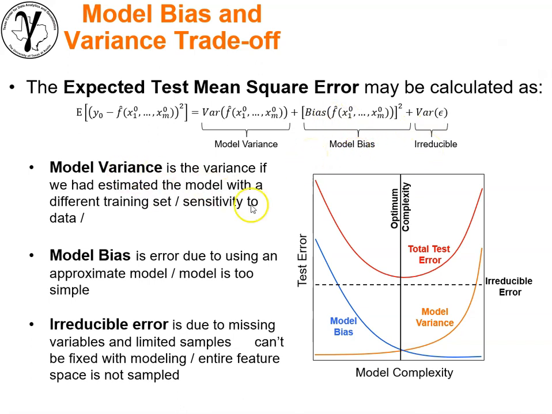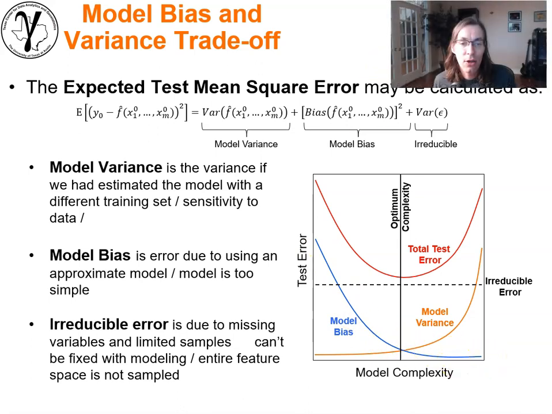And so we've got model variance, which is due to the sensitivity of the model to new training data. It goes up with model complexity. We have model bias, that's error due to the fact the model's not complicated enough to match the complexity of the real phenomenon, and that goes down as you have more complexity. And then you're also going to have the irreducible error.